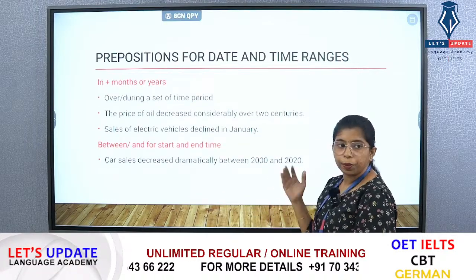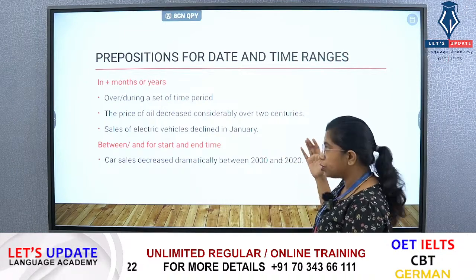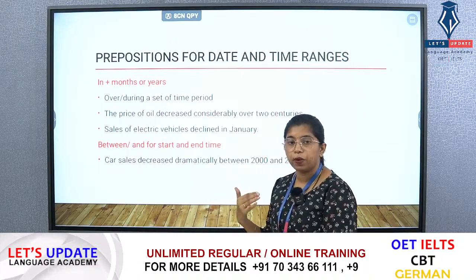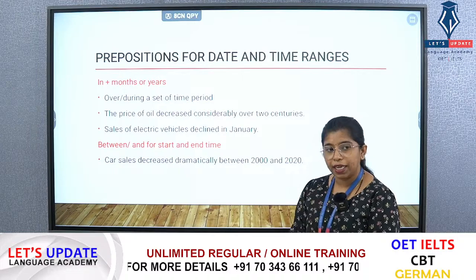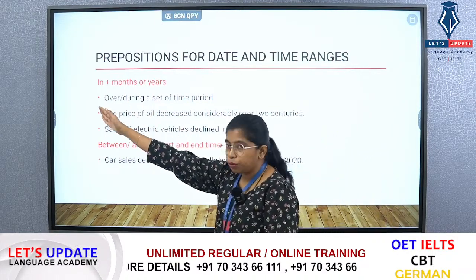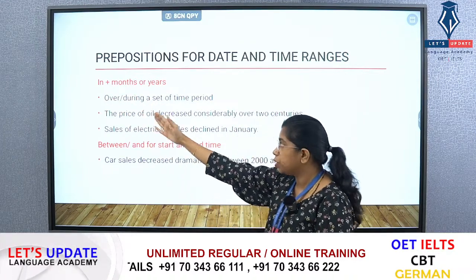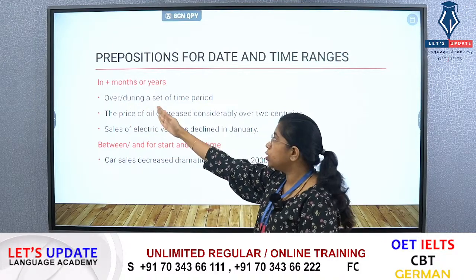Then moving to prepositions for date and time ranges. This is also important as we have to mention a lot of dates, days and time periods in our task 1 writing. We use the preposition in along with months or years.